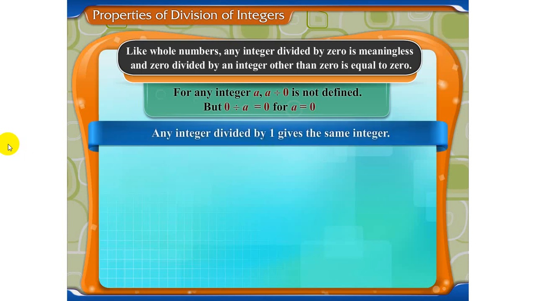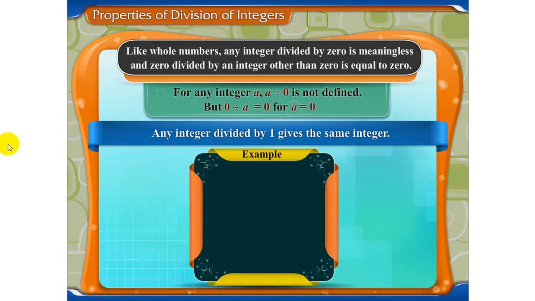Any integer divided by 1 gives the same integer. For example, minus 8 divided by 1 is equal to minus 8. Minus 11 divided by 1 is equal to minus 11. Minus 13 divided by 1 is equal to minus 13.